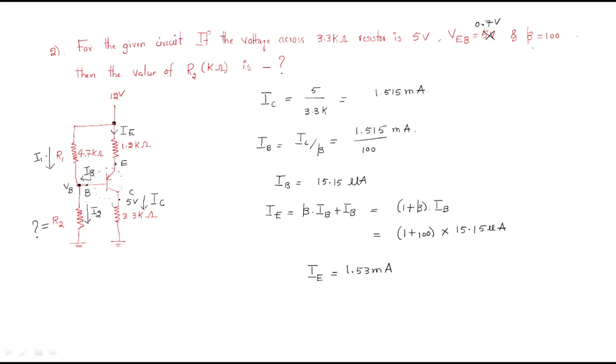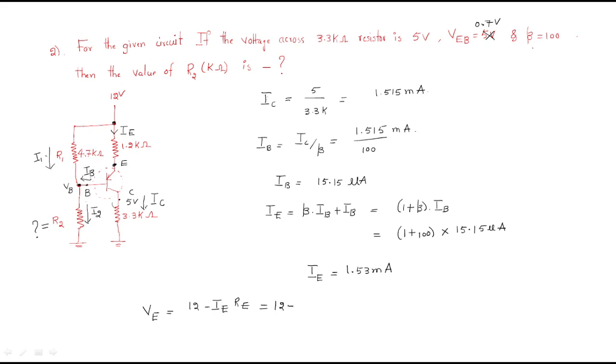Now we will find out the emitter voltage. How can we find out the emitter voltage? Simply, at this point the voltage is 12 and we know the current value. So emitter voltage is 12 volts minus the IE drop. 12 volts, this voltage, minus this drop.